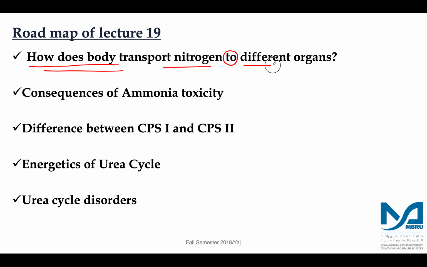One particular aspect that you should remember, as most people make a mistake in this, is that the site of synthesis of urea is not the kidney but the liver, or the hepatocyte.